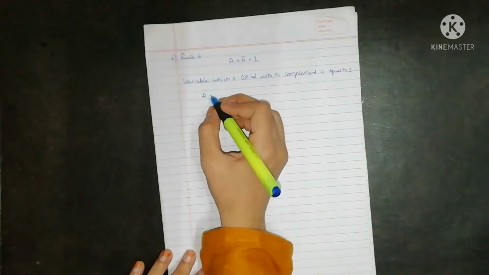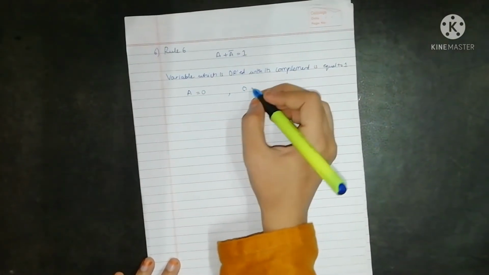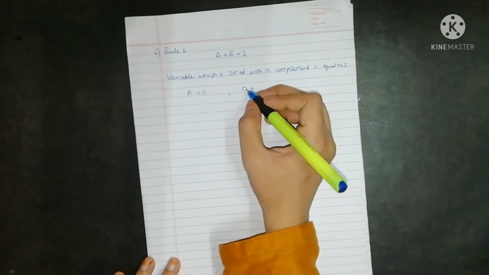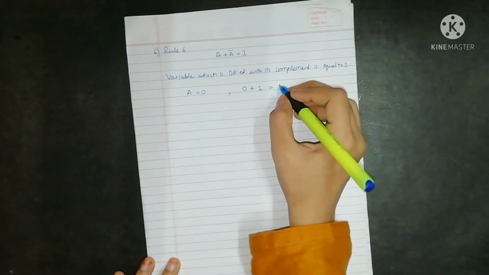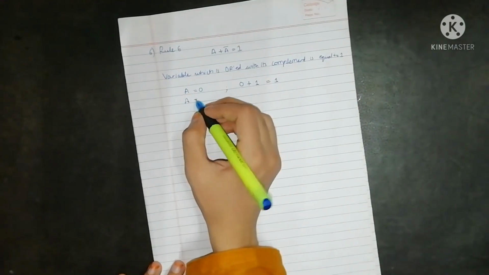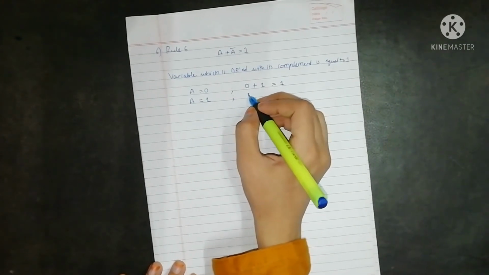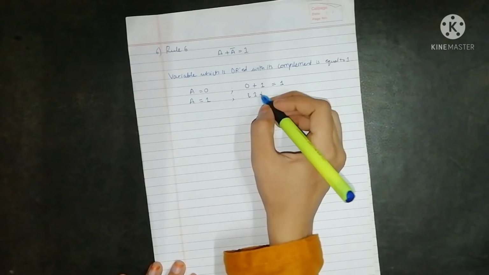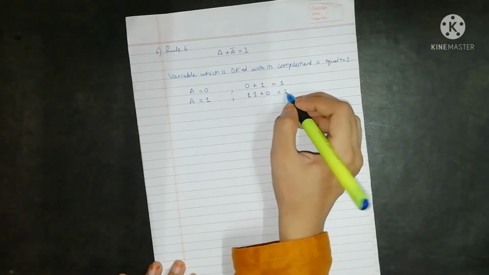If the variable value is 0 and we OR the variable with its complement, the complement of 0 is 1, so we get the output as 1. Similarly, if the variable value is 1 and we OR it with its complement, that is 0, so 1 plus 0 is equal to 1.